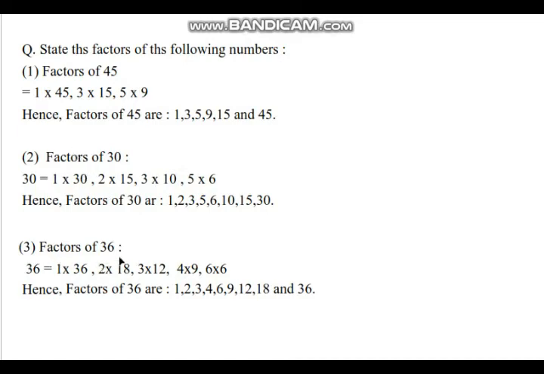Now number 3, factors of 36. So 36 is coming in which tables? 1 36 is 36, 2 18s are 36, 3 12s are 36, 4 9s are 36, 6 6s are 36, 9 4s are 36, then 12 3s are 36, 18 2s are 36, 36 1s are 36.